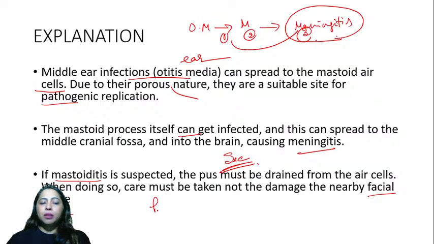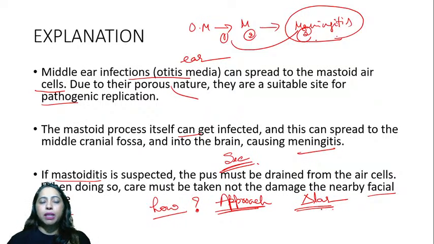And how do you protect? How do you do that? What should be your approach? How do you approach? There is a small triangular area. What is the triangular area known as? Anybody in the group knows what is the triangular area called?